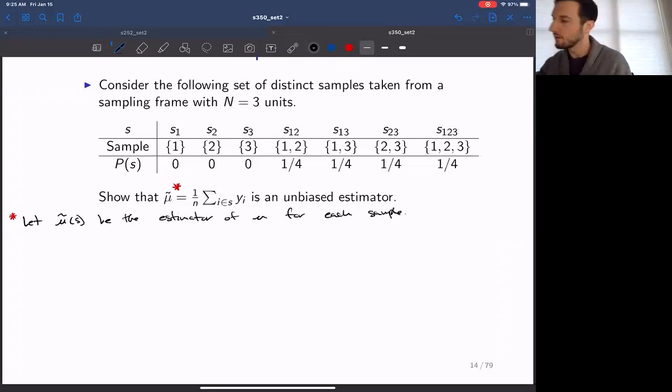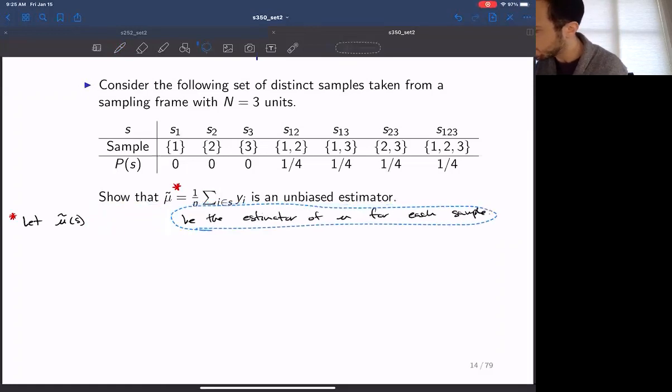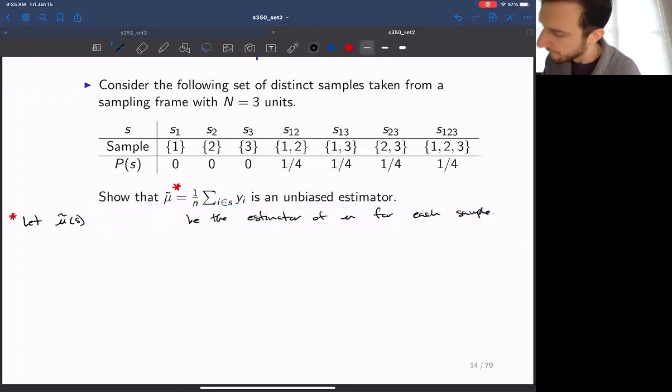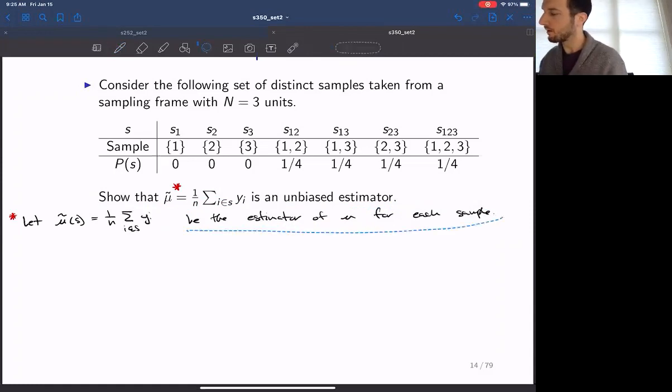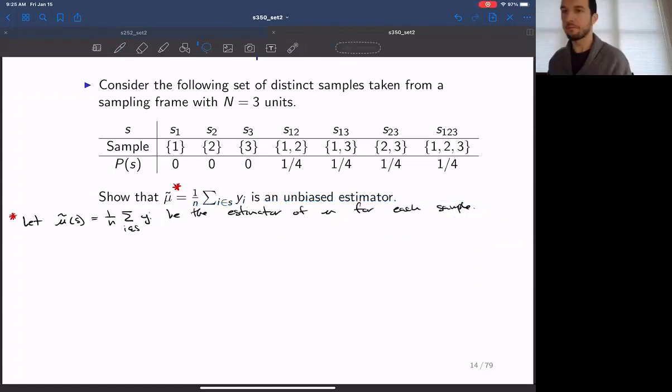Actually, let me be very specific here. You can see that the definition as it's written on the slide would be the definition for each individual sample. So this is the estimator of mu for each sample. We want to show that this estimator is unbiased.